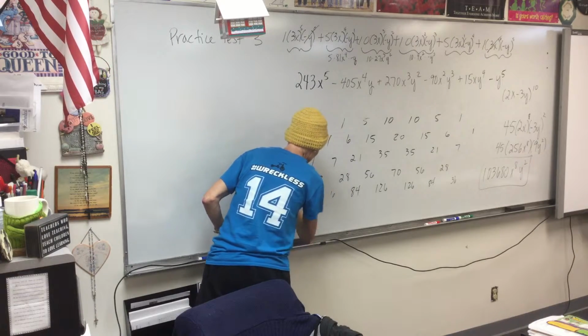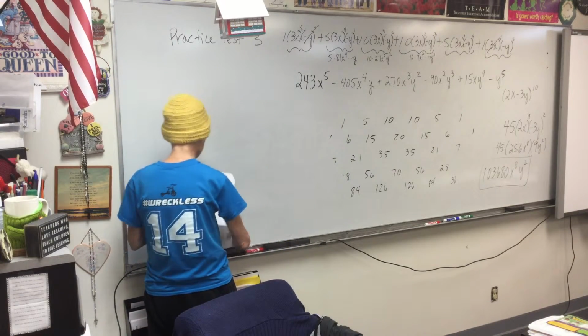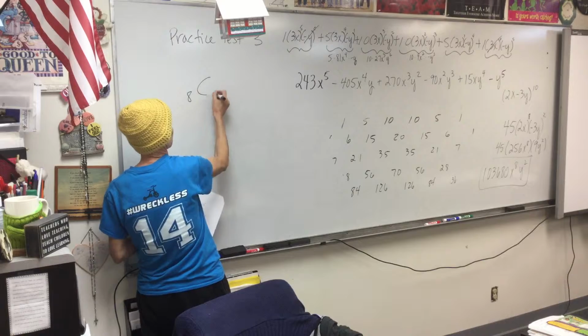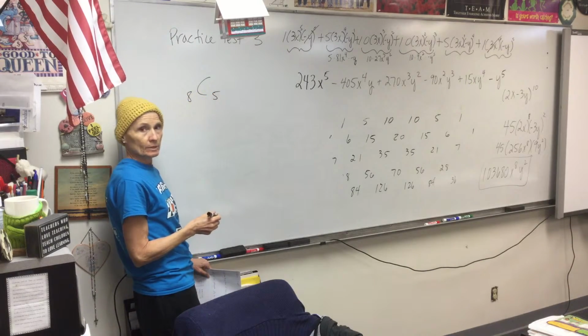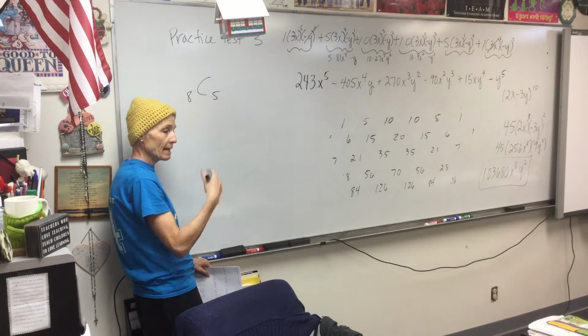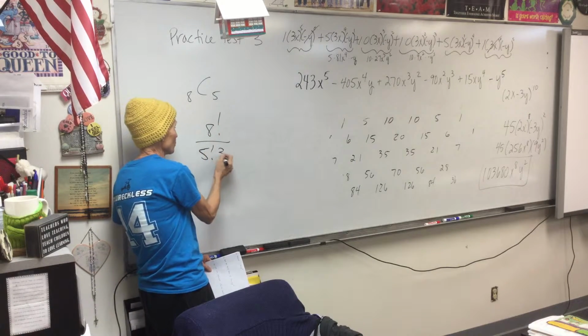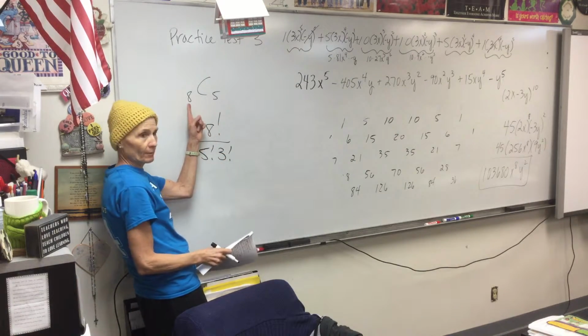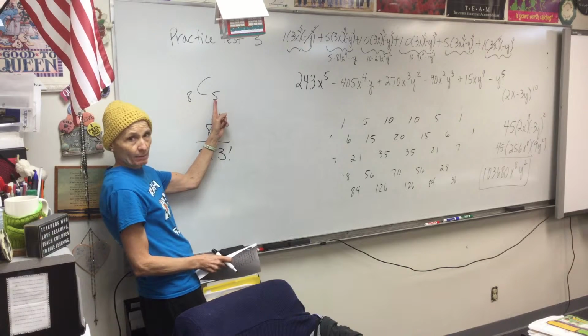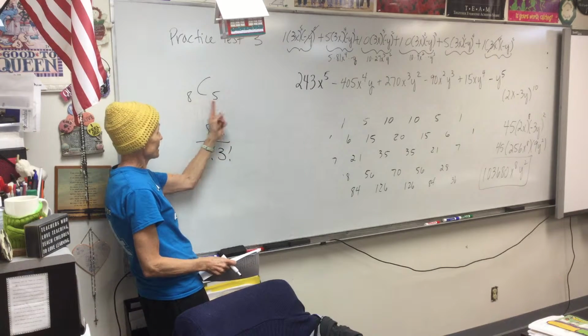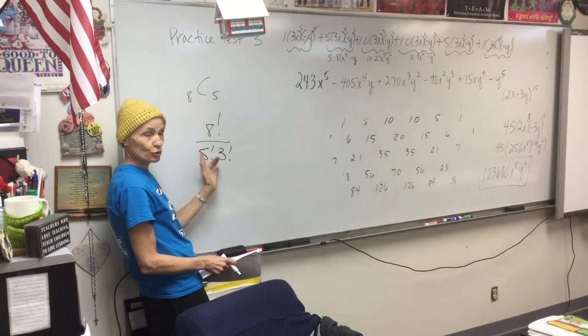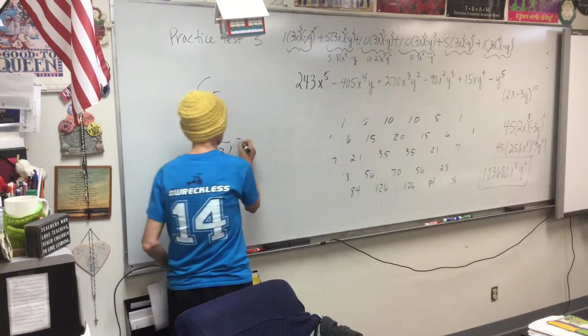Now I want to do 8C5 by hand. So remember the rule. By hand, it's 8 factorial divided by 5 factorial, 3 factorial. It's that number divided by that number, and also divided by the difference of these two numbers. There's two numbers in the bottom.